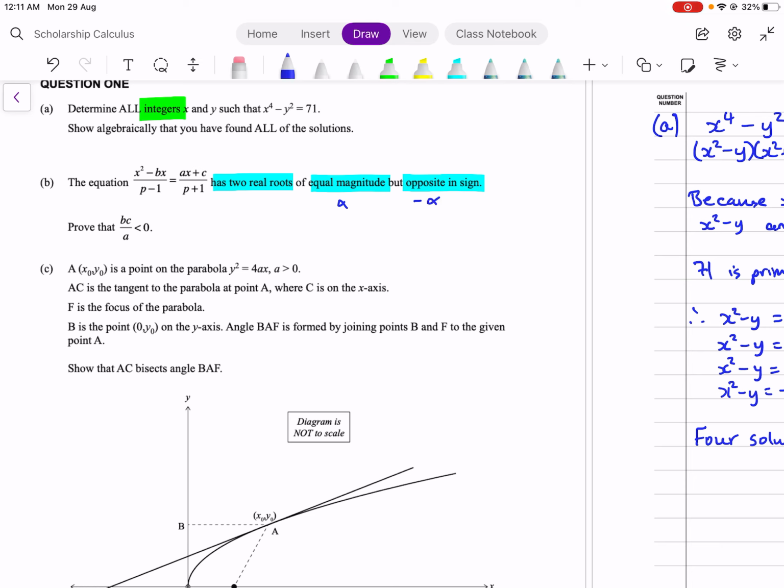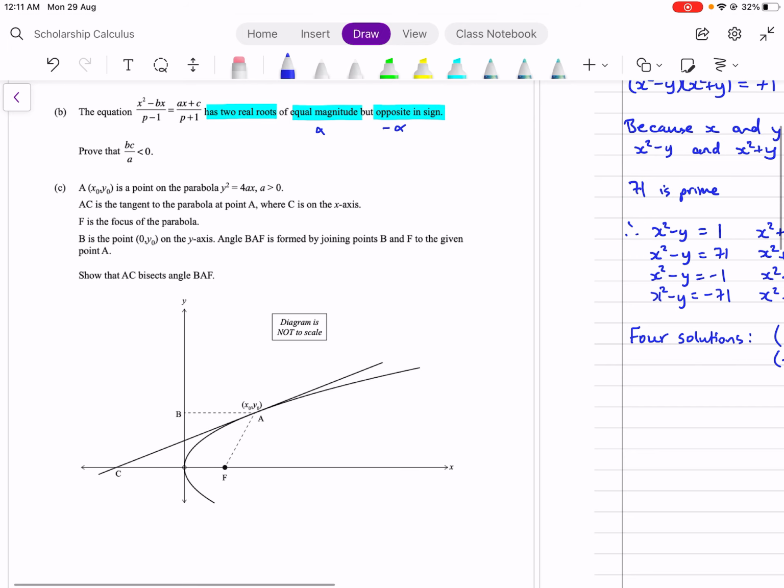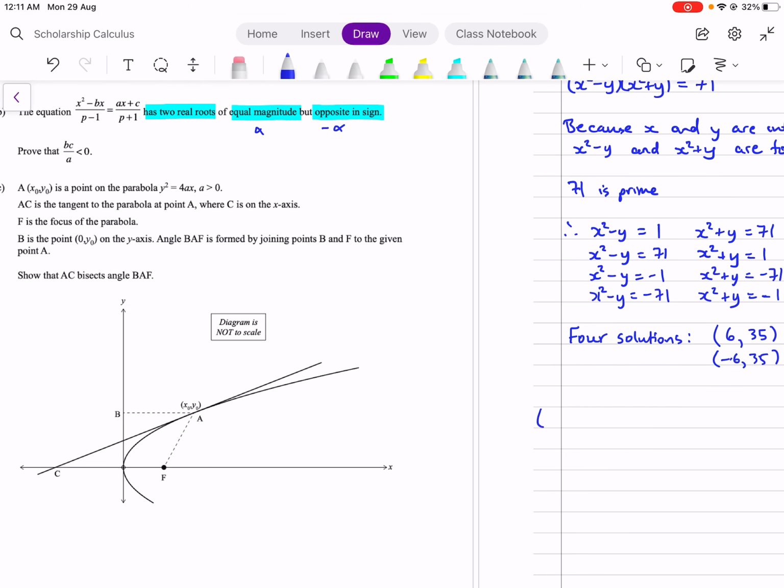Now, because of that, we can really shortcut this problem. A common approach to solve this would be to cross multiply it. I'm not going to. I'll just rewrite the problem out. I'm going to take a little bit of an alternative approach to this. If you want the standard way of solving it, maybe look at the mark schedule.